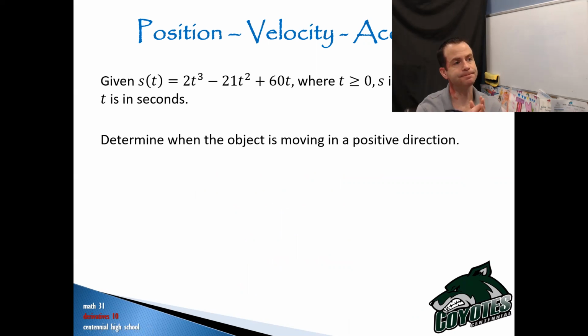Okay, the next question is, determine when the object is moving in a positive direction. Well, I need to take those moments where I'm at rest. I just said in the previous question that it's when we reach a velocity of 0, 9 times out of 10, that's where I'm changing direction, right? So this is going to be very similar to 20-1, when you were trying to figure out algebraically when a quadratic was greater than 0 or less than 0.